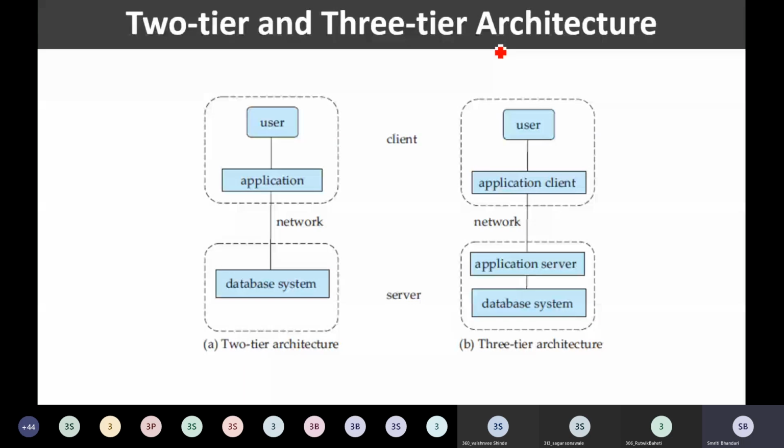And that is why we have the concept of client and server. So we have client-server systems. You are visualizing here two such client-server systems. One is known as the two-tier architecture and the other is known as the three-tier architecture.